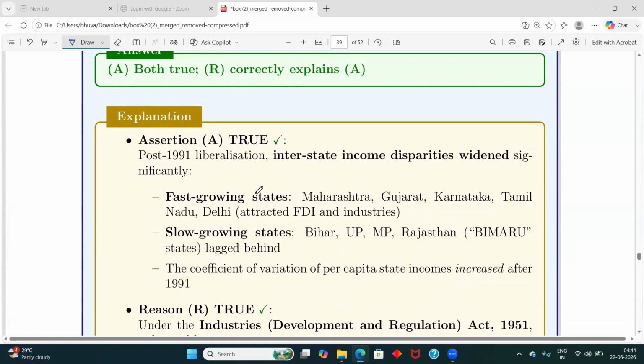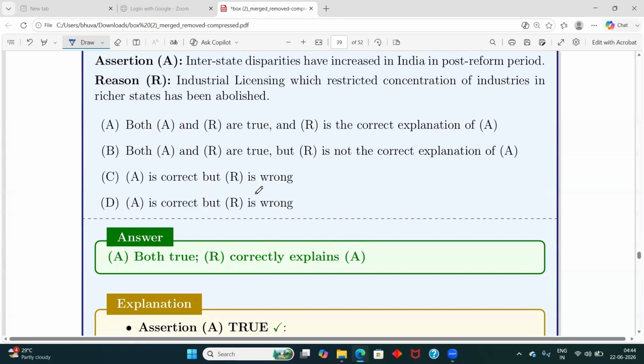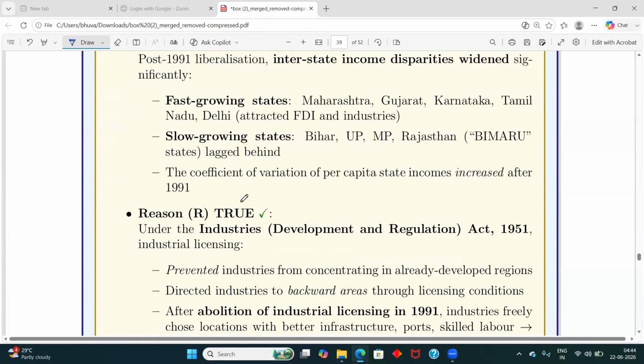Slow growing states, Bihar, Uttar Pradesh, Madhya Pradesh, Rajasthan, are also known as BIMARU states. The coefficient of variation of per capita state income increased after 1991. Reason: industrial licensing, which restricted concentration of industry in the richer states, has been abolished. So it is also true.